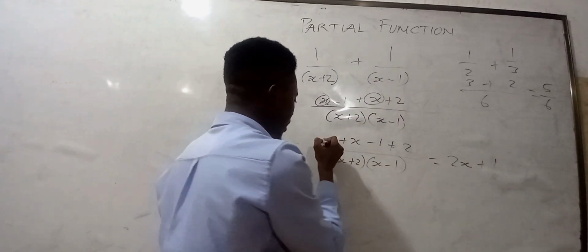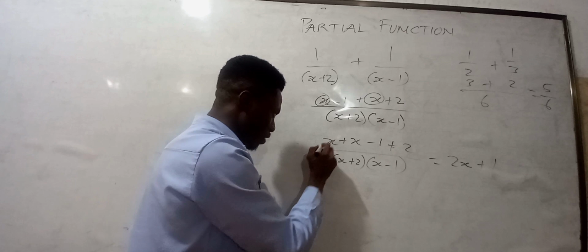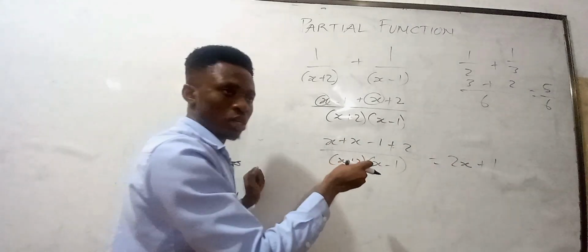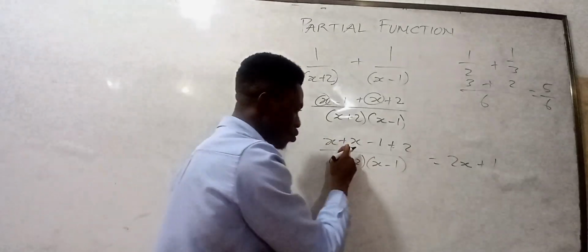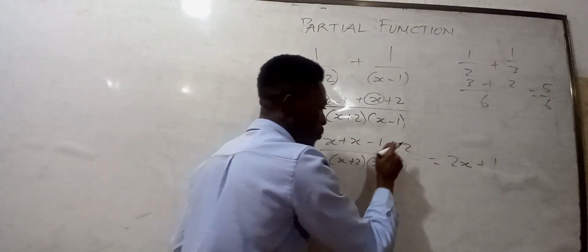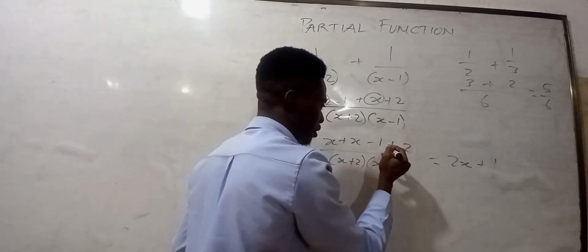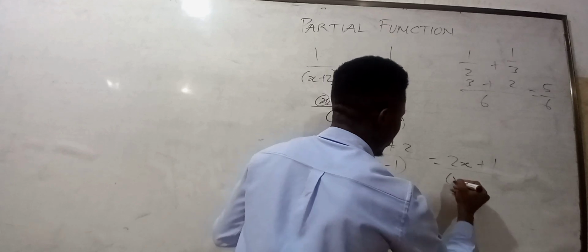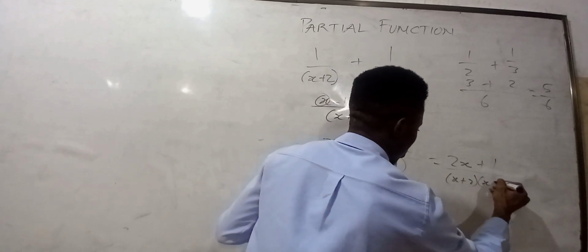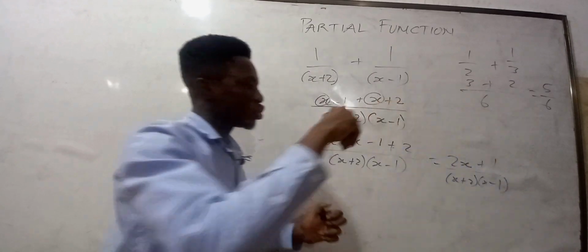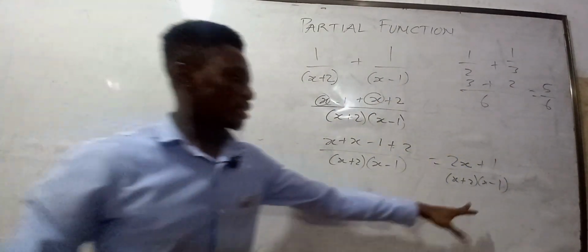Since the coefficients of the x are 1 and they are like terms, we can add their coefficients, so 1 plus 1 gives you 2. Then negative 1 plus 2 gives you 1. Then you divide by the denominator, x plus 2, x minus 1. Then you are good to go. So this is it.